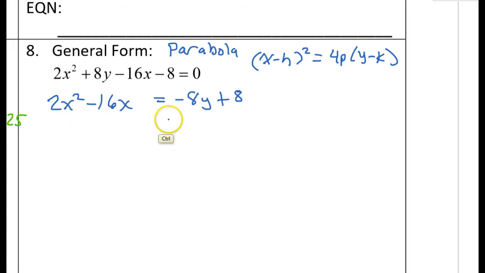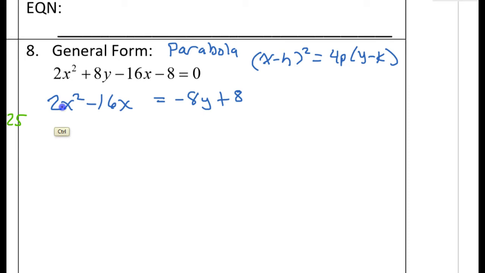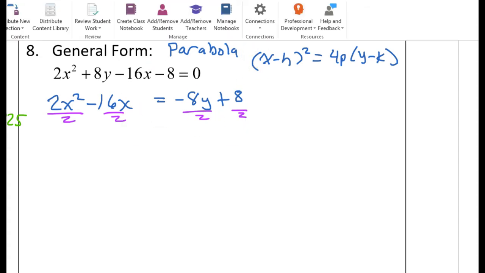Now, before I complete the square, I really need to pull this 2 outside of parentheses. Or better yet, I'm noticing that all 4 of these numbers are divisible by 2. So the even smarter thing to do would be just divide everything by 2 right now. You can't have a number here at the end. Sooner or later, you have to divide by that number, so I'd rather just do it now.